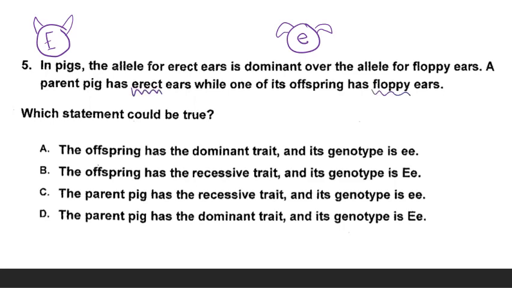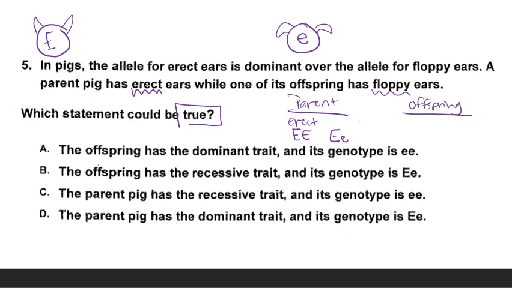So we want to figure out some facts about the parent and offspring before we go into what our true statement could be. So we know that the parent has erect ears, which means he has to have at least one dominant allele. So he's either going to be homozygous dominant, where he has two dominant alleles, or he can be heterozygous, because he'll still show those erect ears. Now the offspring, it says, has floppy ears.